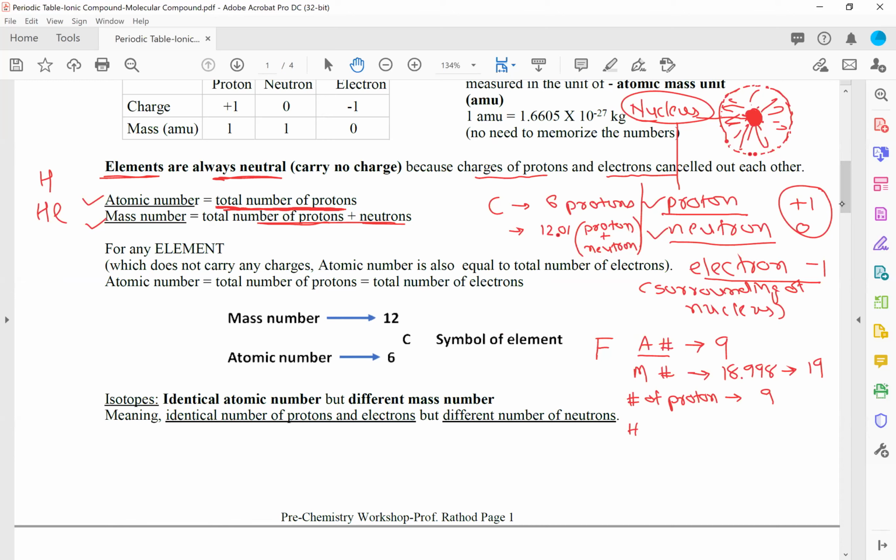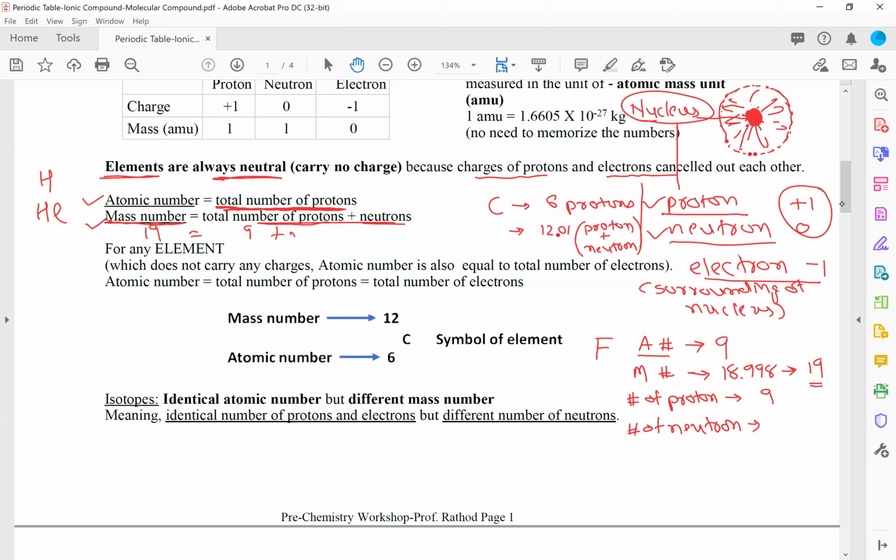The next question could be this. What is the number of neutrons? 10. Right? If I or your lecture professor ask you the number of neutrons, you're just going to use the formula for the mass number. You already know the mass number, which is 19 here. By knowing the atomic number, you know the number of protons is 9.